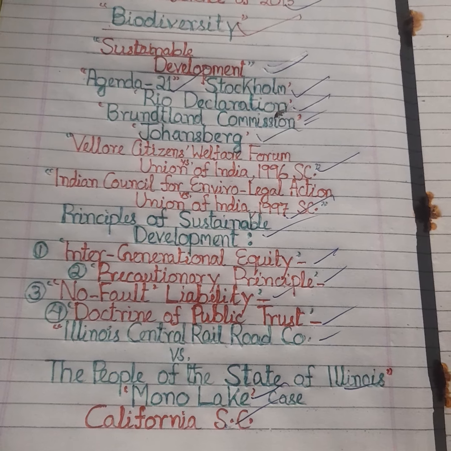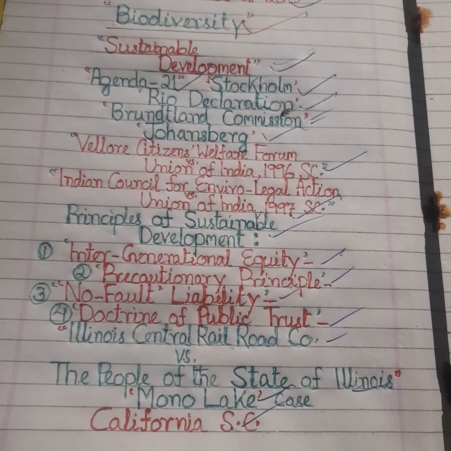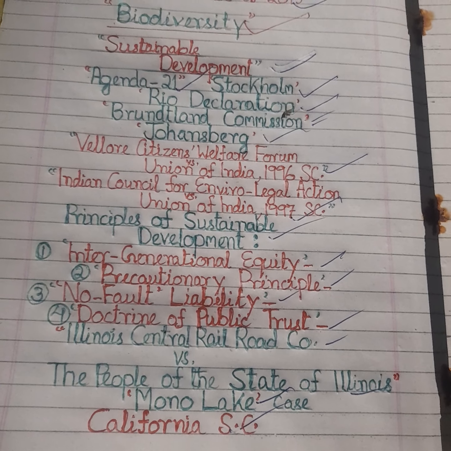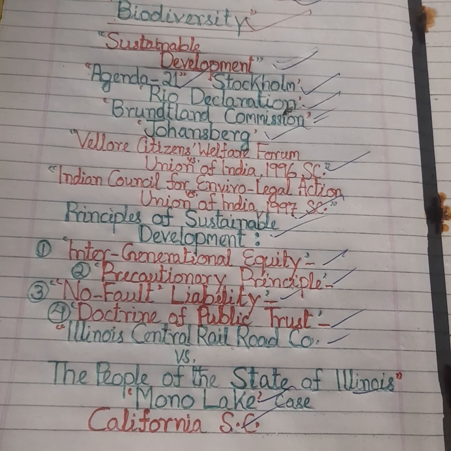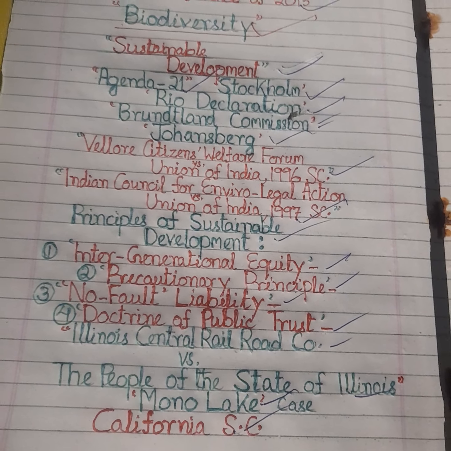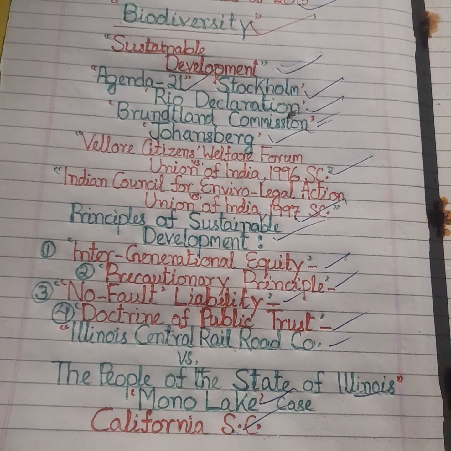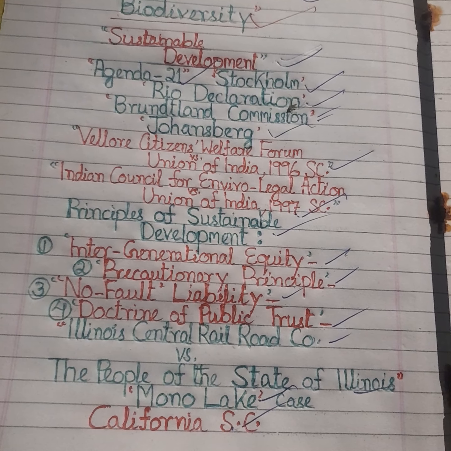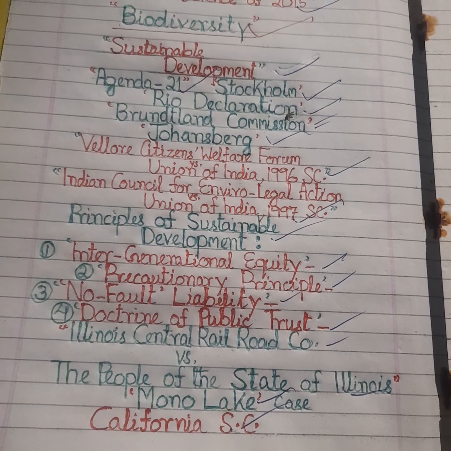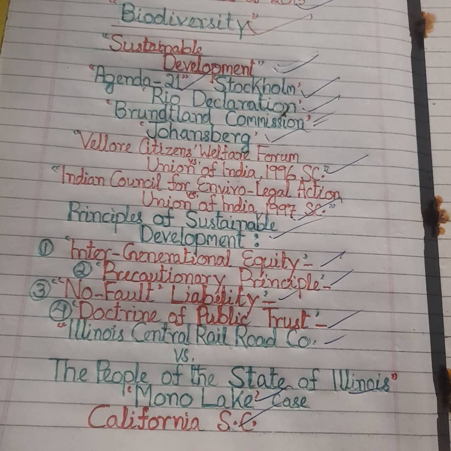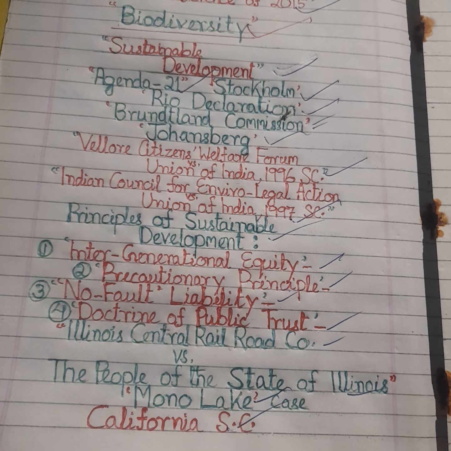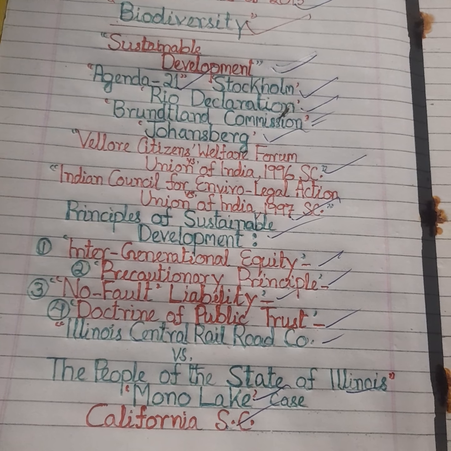So in this particular lecture, we have discussed the most important issues all over the world in the present scenario: climate change, global warming, the greenhouse effect, biodiversity, and finally sustainable development.